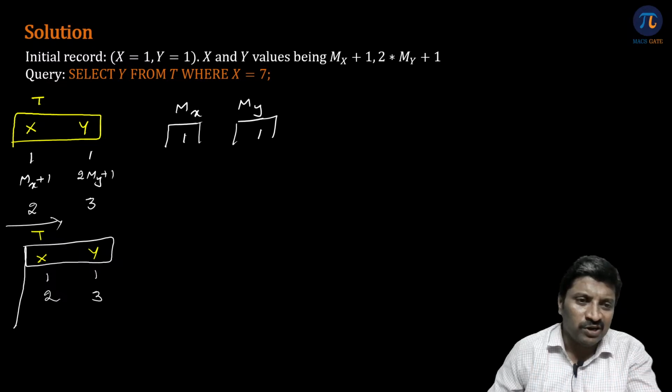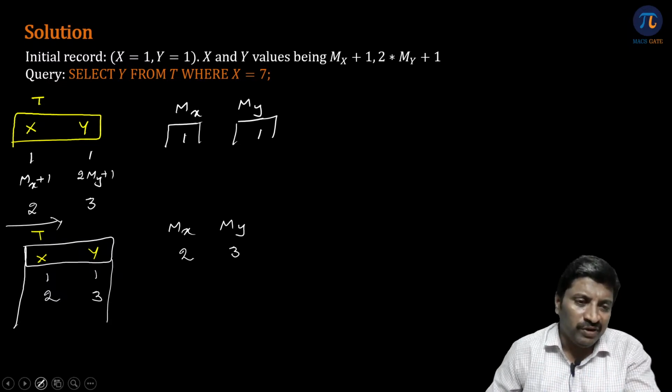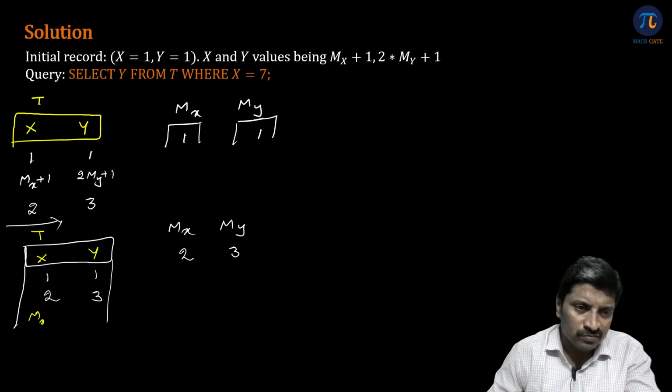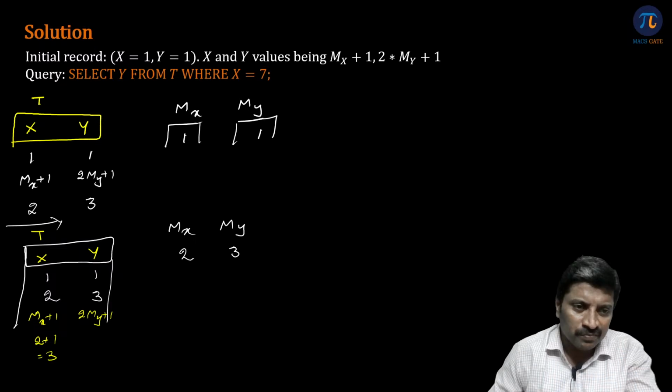At this point, what is Mx value? What is My value? This is 2, the maximum of X values. This is 3. Now again I am inserting one more record: Mx plus 1, 2My plus 1. Mx plus 1, that is 2 plus 1, 3. 2My, that is 2 into 3 plus 1, that is 7.